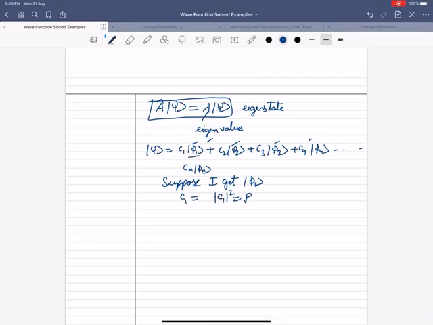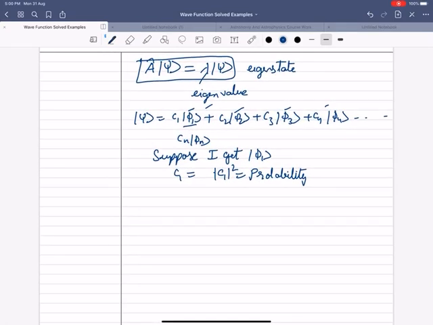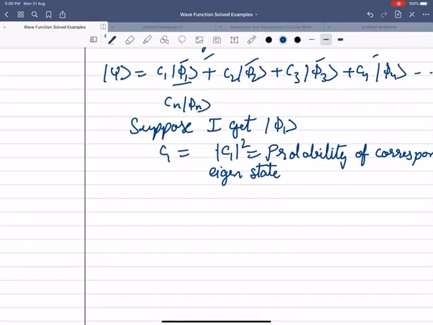I repeat: mod of c1 square, mod of c2 square, mod of c3 square, this will be the probability of the corresponding eigenstate.